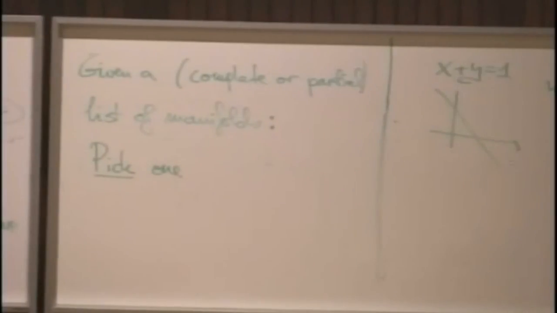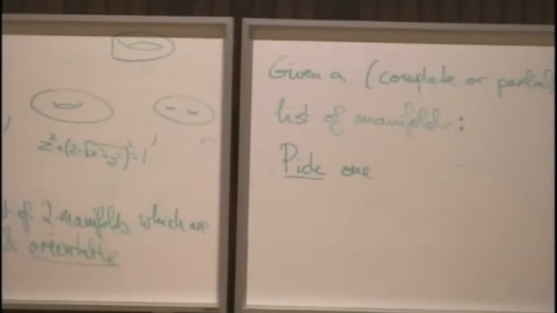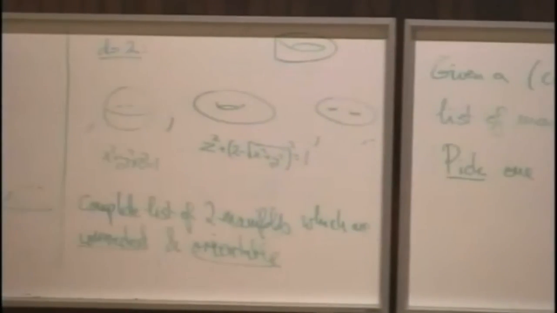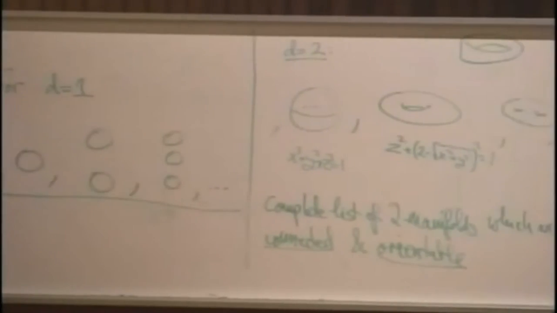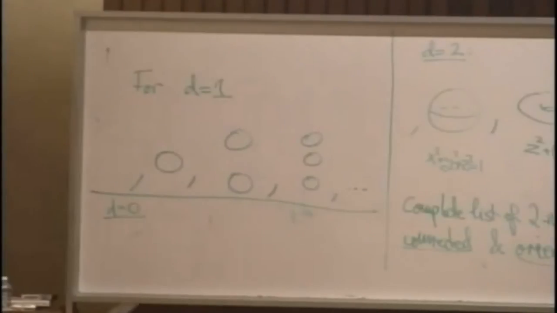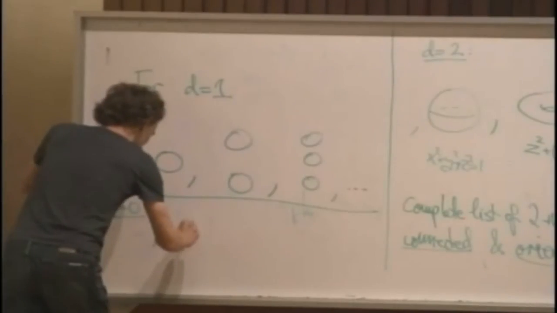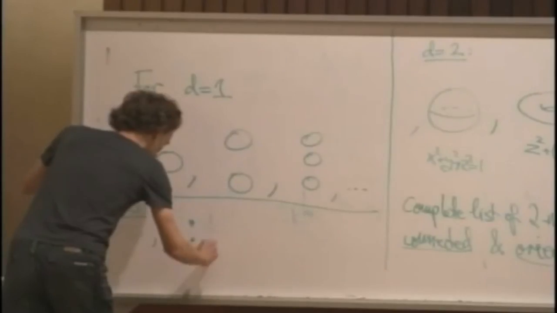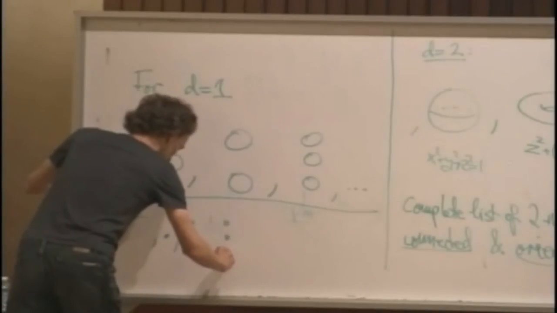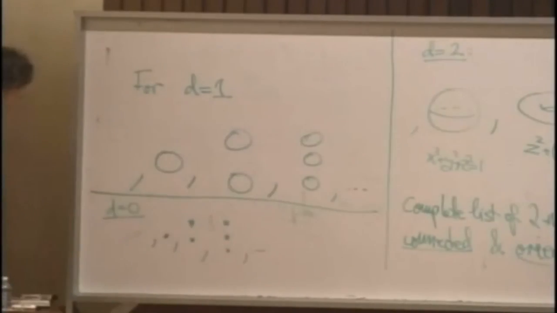What does the collection of all those look like? I should maybe have made one more list, namely d equals 0. So I mentioned one zero-dimensional manifold, namely the point. You could also take 2 points, 3 points, etc. And that's also a complete list.